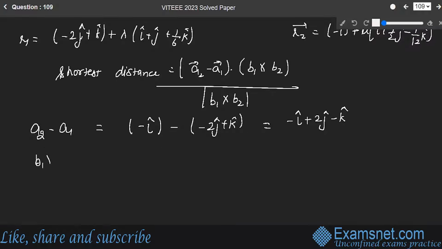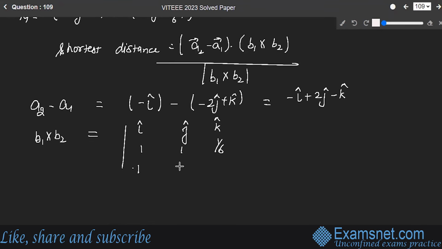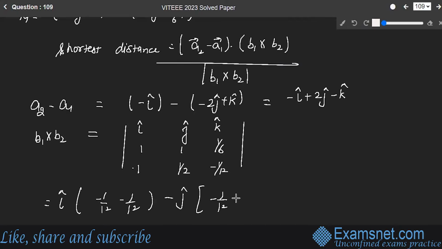And B1 cross B2, these two vectors will be given by the determinant with i, j, and k, then 1, 1, 1 by 6, and 1, 1 by 2 and minus 1 by 12. Correct? So this is i cap (minus 1 by 12 minus 1 by 12) minus j cap (minus 1 by 12 minus 1 by 6) plus k cap (1 by 2 minus 1).